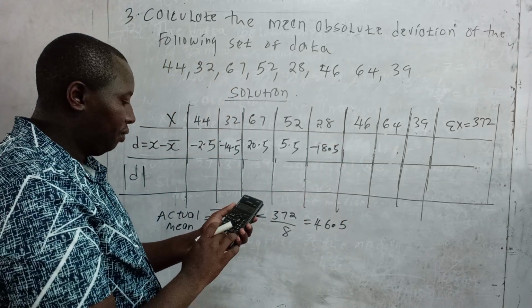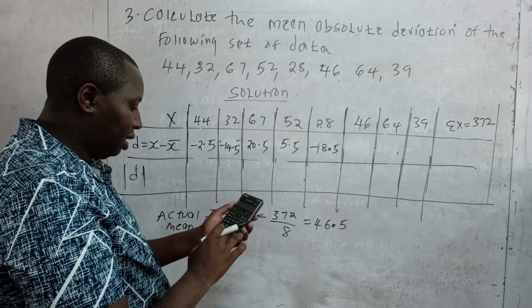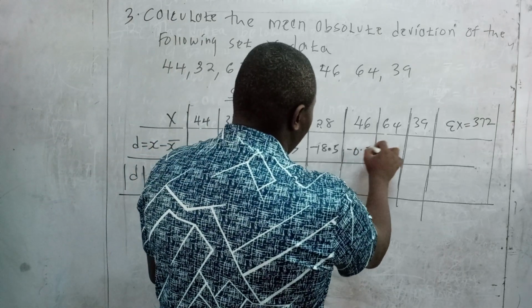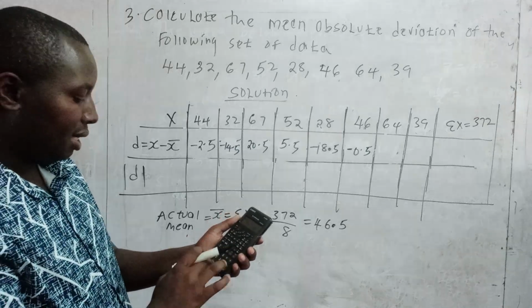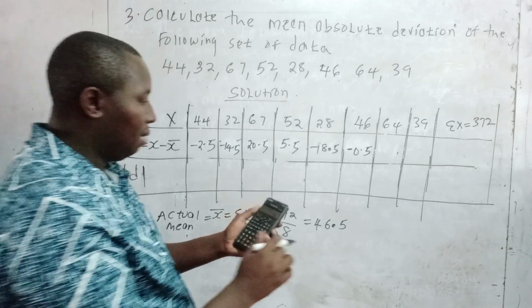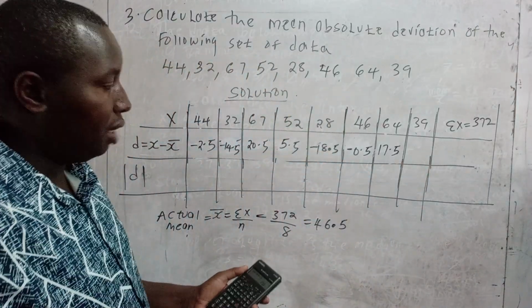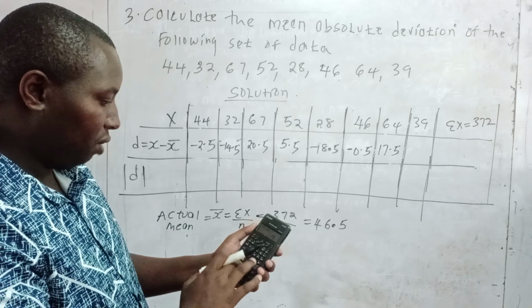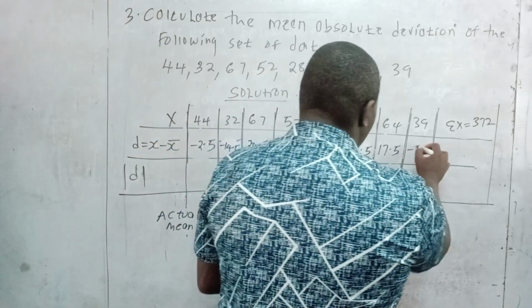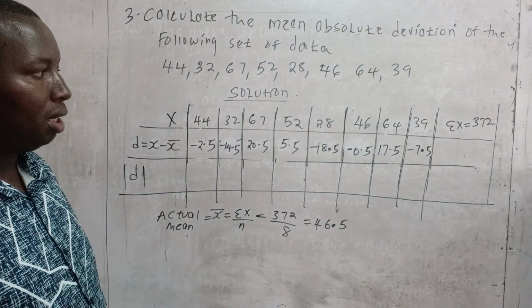Then 46 minus 46.5 comes to minus 0.5. 64 minus 46.5 comes to 17.5. Then 39 minus 46.5 is minus 7.5.